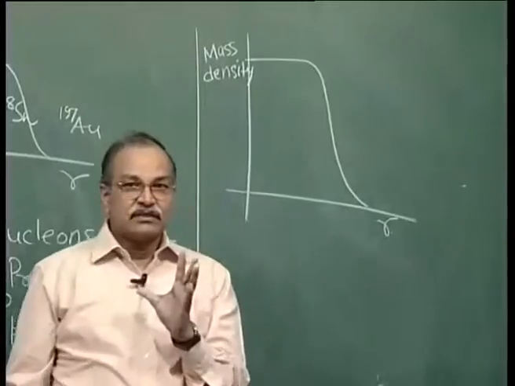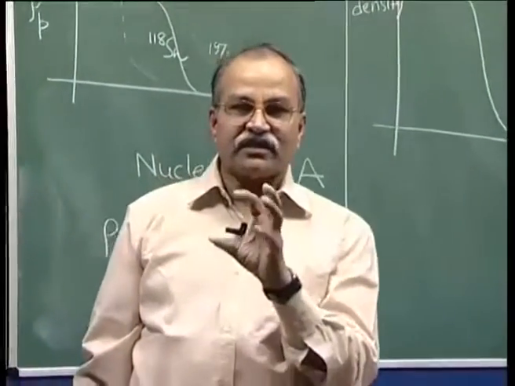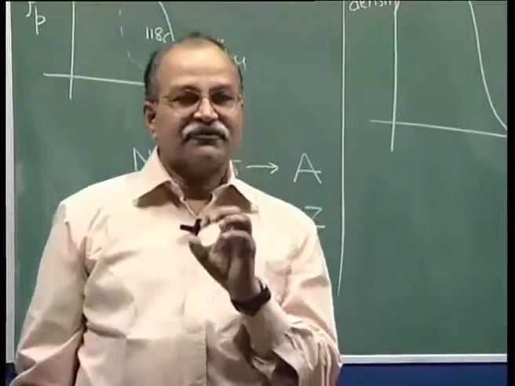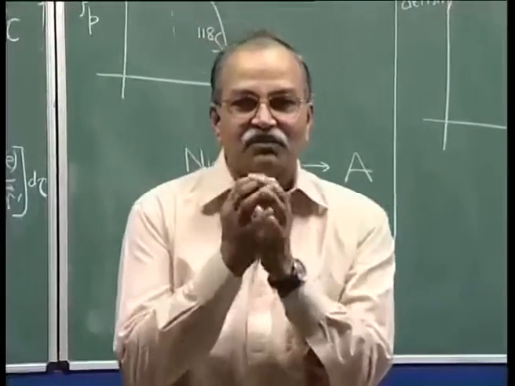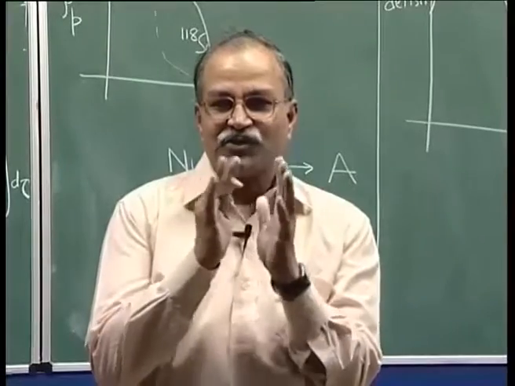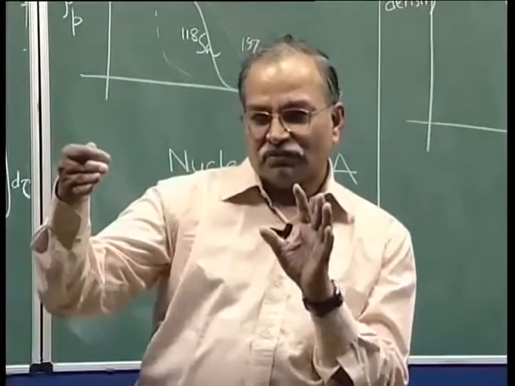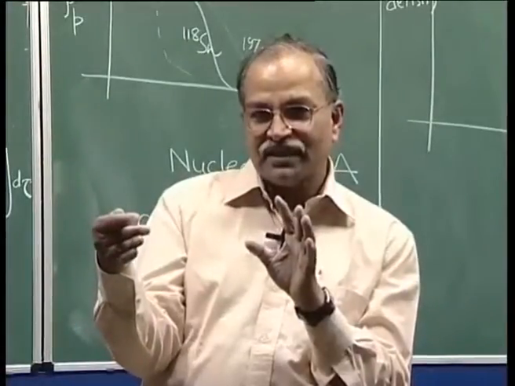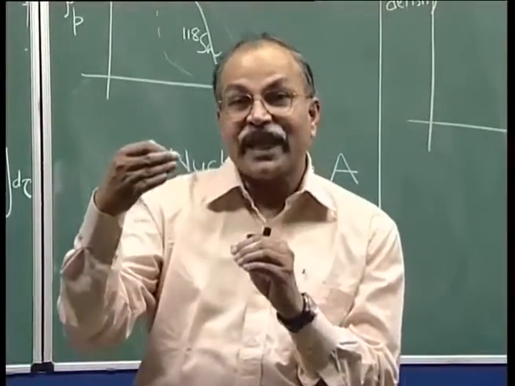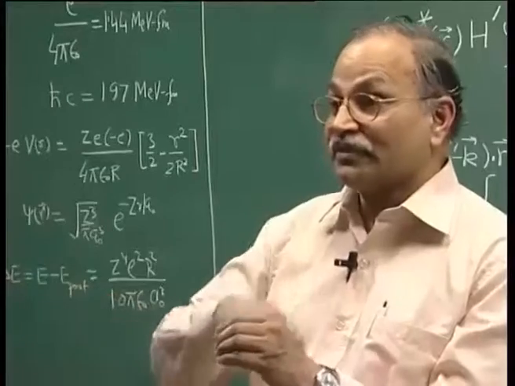So it is not that protons and neutrons are attracted towards the center and therefore are denser at the center. It is not like that. The density is almost uniform and it goes up to a little bit closer to the surface, and then this density gradually decreases. That means you do not have a sharp boundary.